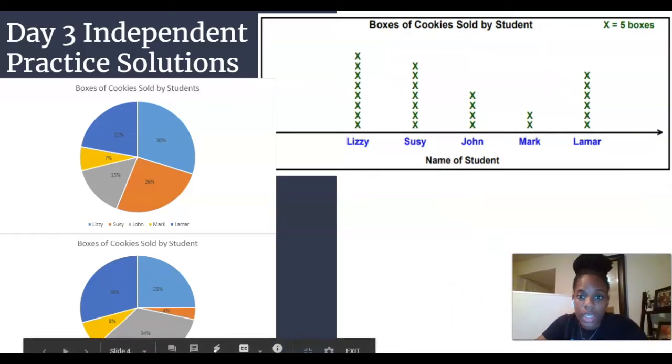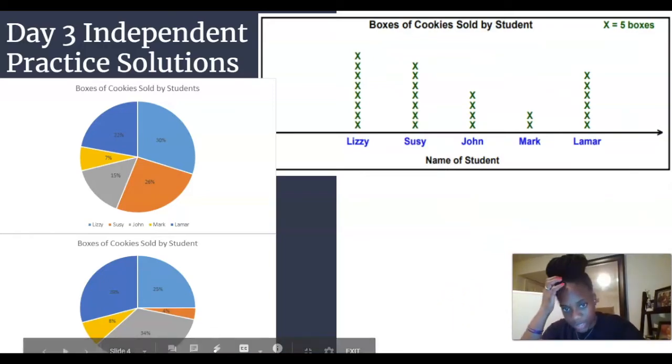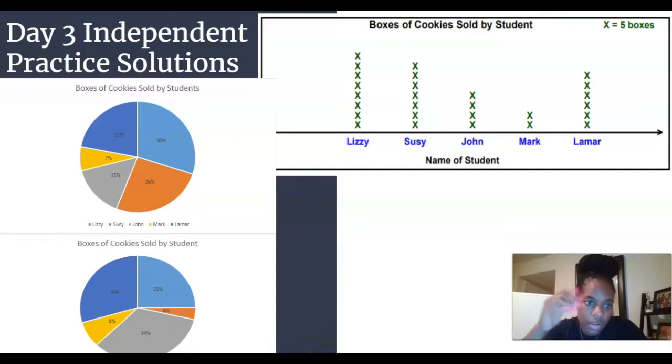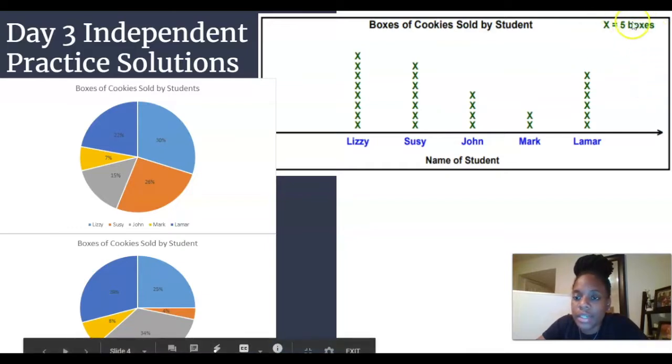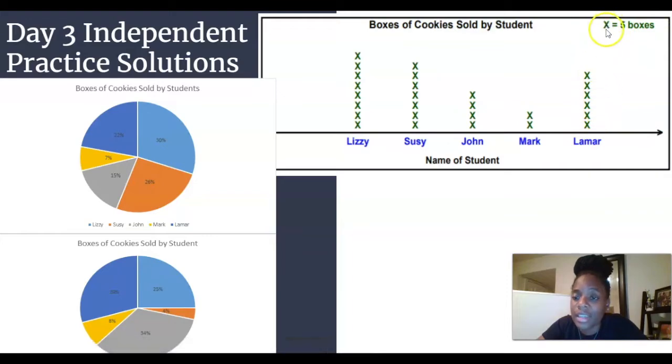So yesterday we had these plots here, and we had to figure out which of the graphs matched. First of all, you had to pay attention to this little key in the top corner. It says that each one of these X's represents 5 boxes.